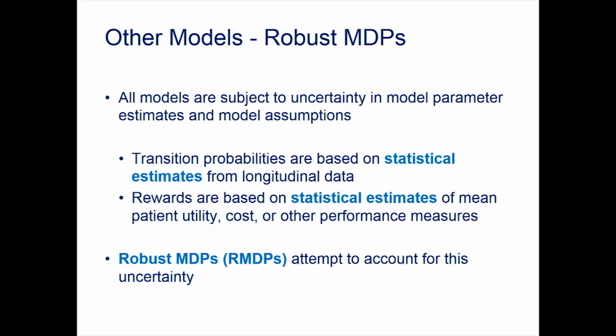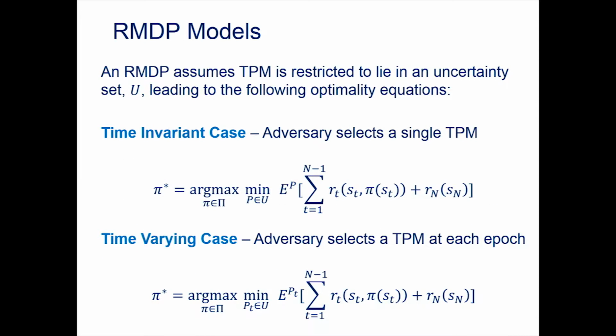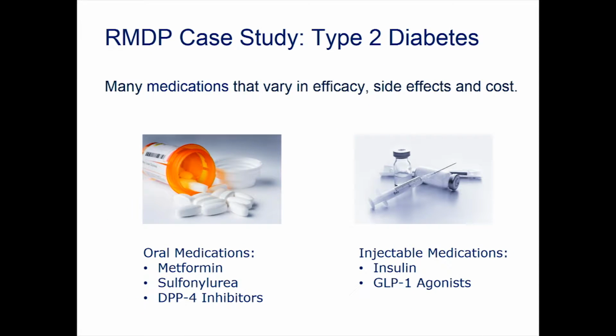We got through a few things, and I'm going to skip over this material on robust MDPs, which is a really exciting area. Lots is happening to study problems from the perspective of uncertainty in the data that you use to construct these models, because they're all statistical estimates, right? So ignoring that doesn't make a whole lot of sense.